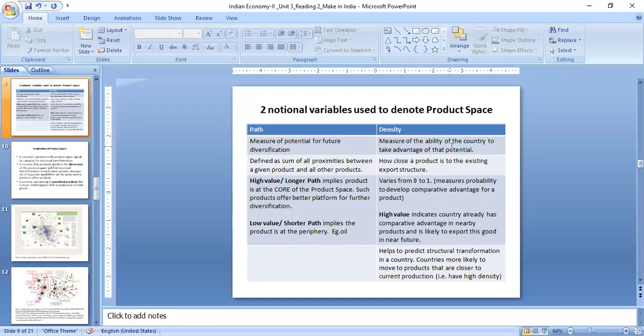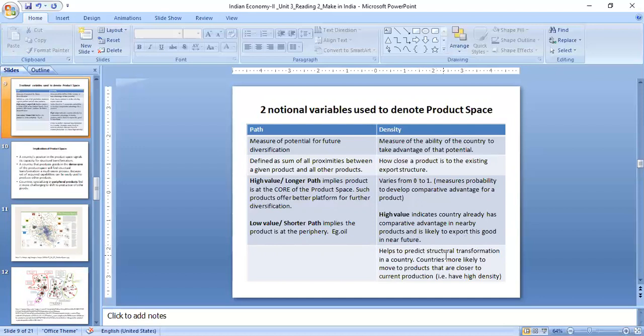Density measures the ability of the country to take advantage of the potential, that is, how close a product is to the existing export structure. So it is measured in terms of probability, and therefore it lies between 0 and 1. A high value of density indicates the country already has comparative advantage in similar, nearby products, and therefore the likelihood of exporting this good in the near future is very high.